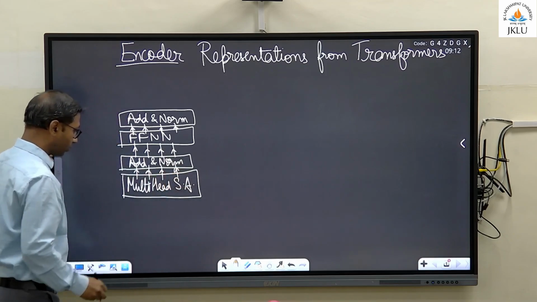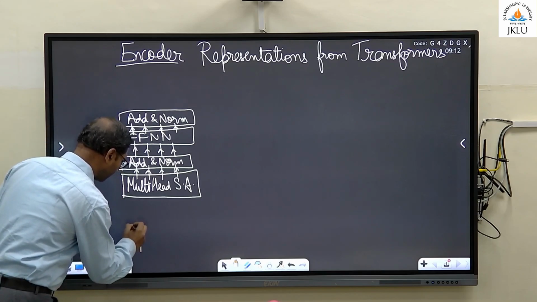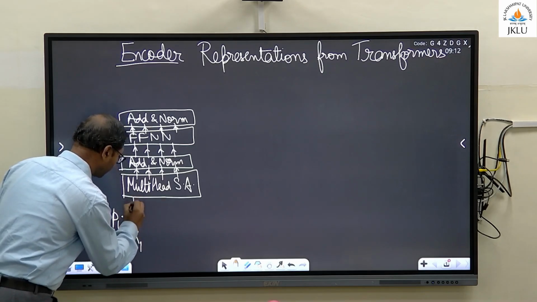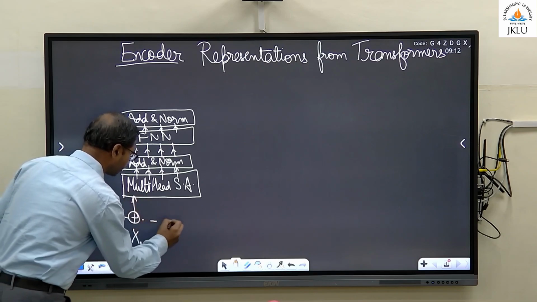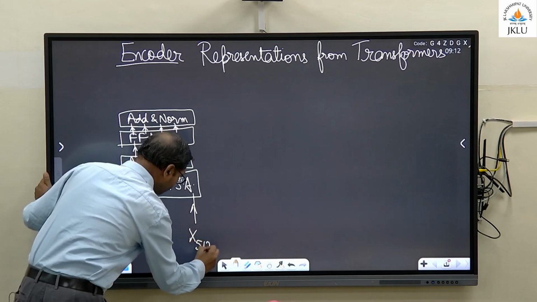Okay. Now, what else? So you add them, feed it here, and that is what you are going to do for it. So again I am taking this to be 512.